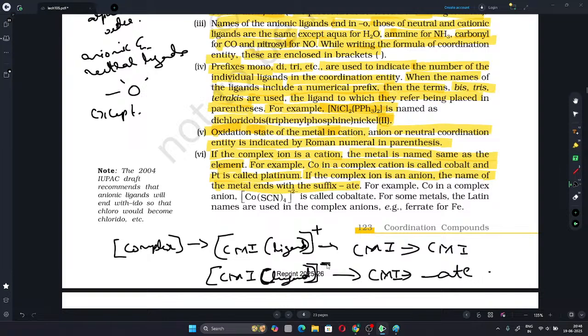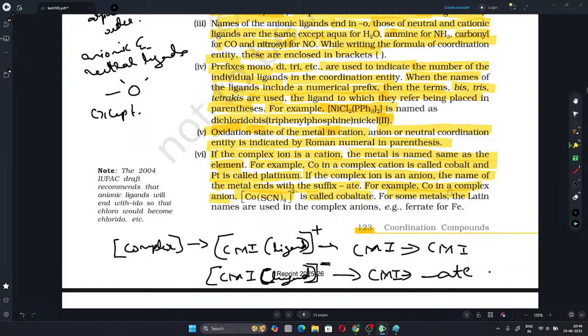It is anionic if the complex is anionic. For example, cobalt in a negative complex is called cobaltate.